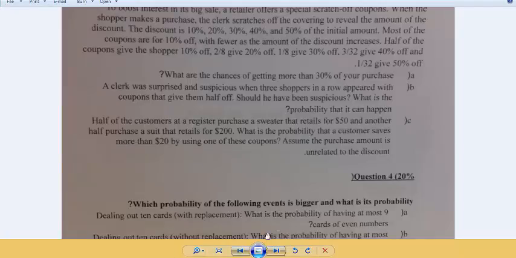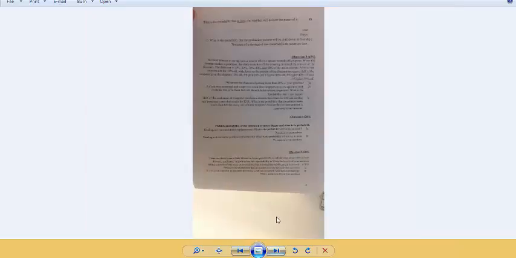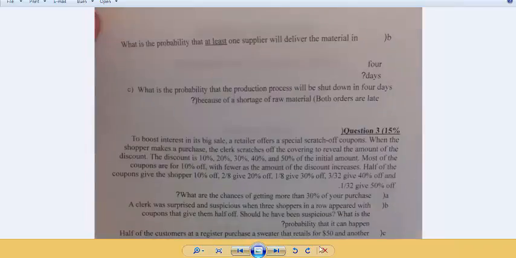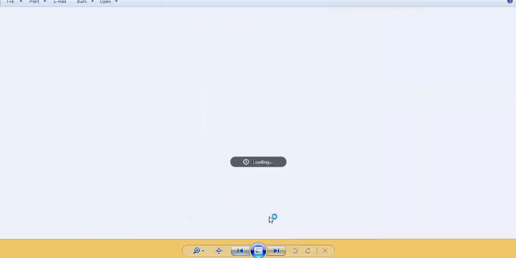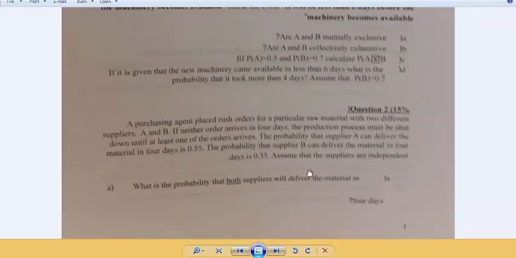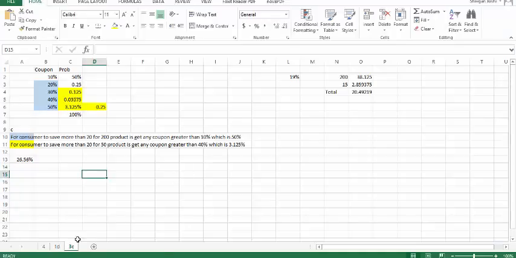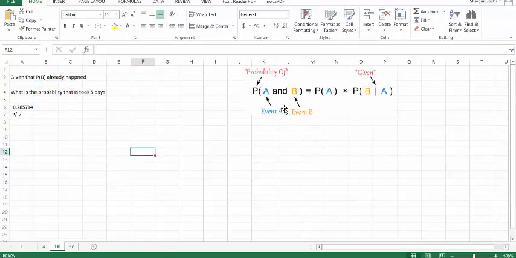In 1D, I think this is a little complicated, but it's a question of conditional probability. It says that given that it happened in 6 days, what is the probability that it took more days? For these types of questions, we have an equation which says that P of A and B is probability of A and P of B given that A has already happened.